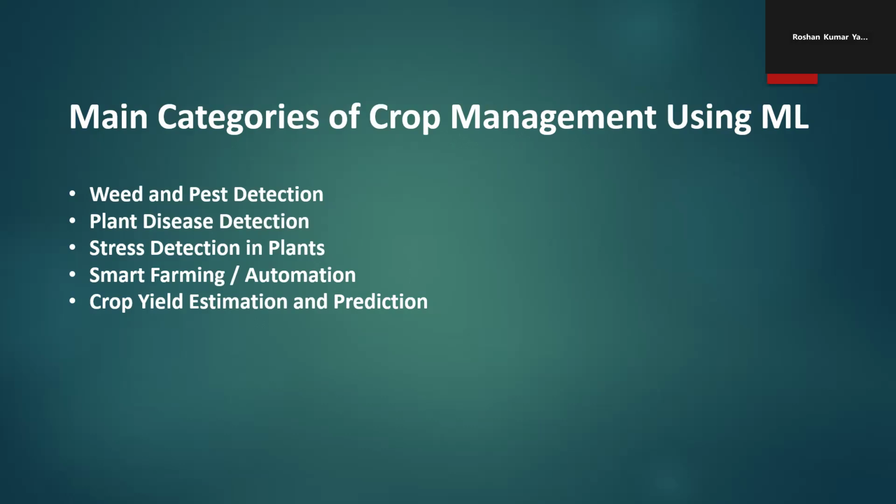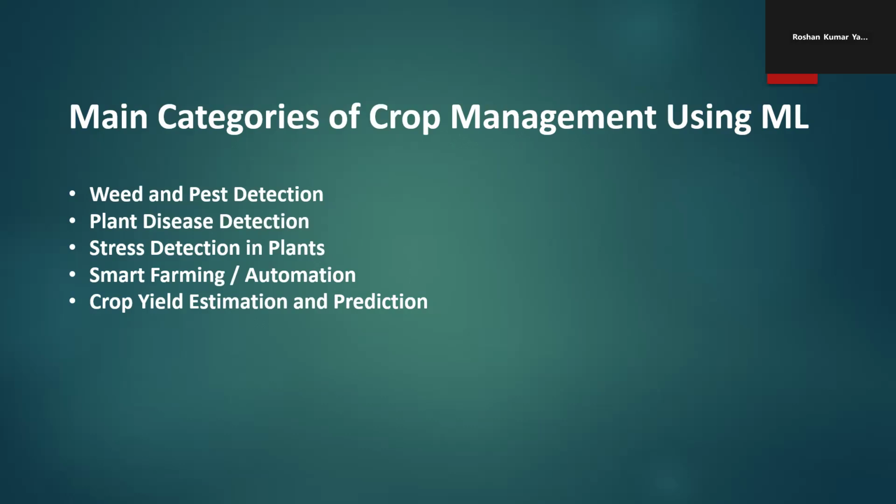For smart farming, SVM is the best one, and decision tree is also good. And for crop yield estimation and prediction, random forest is good to predict the estimated yield of crops.